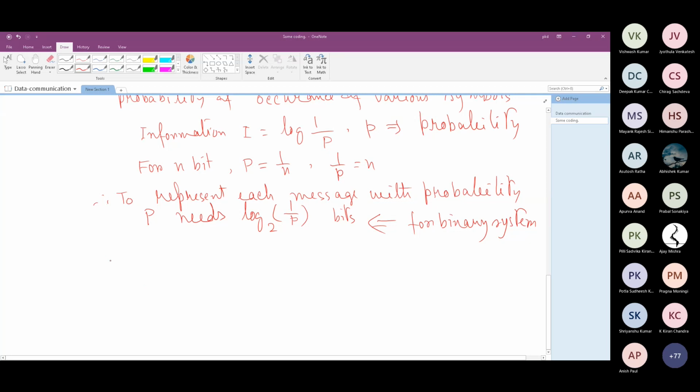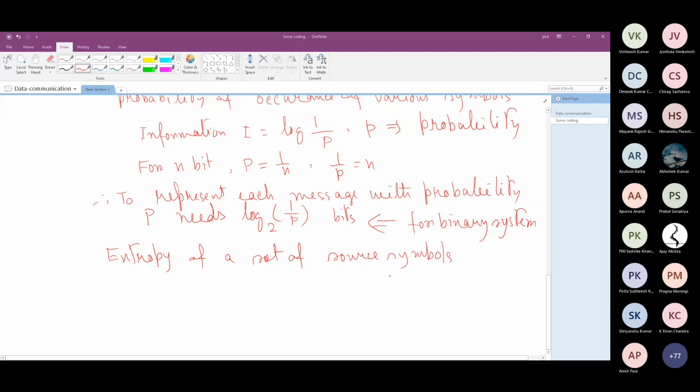So there is another terminology which is very similar, called entropy. Now entropy of a set of source symbols.